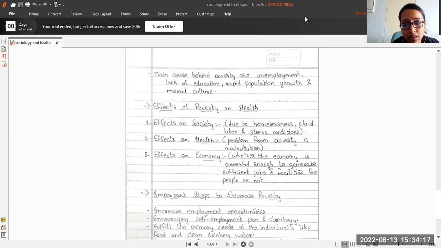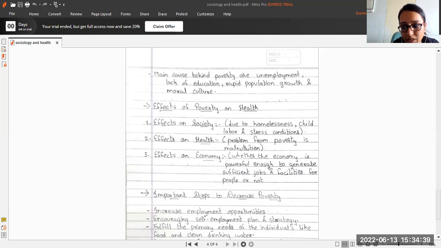Next, effects on health from poverty will be problems due to malnutrition. Effects on economy: whether the economy is powerful enough to generate sufficient jobs and facilities for people or not is the basic question of whether persons will be poor or not.